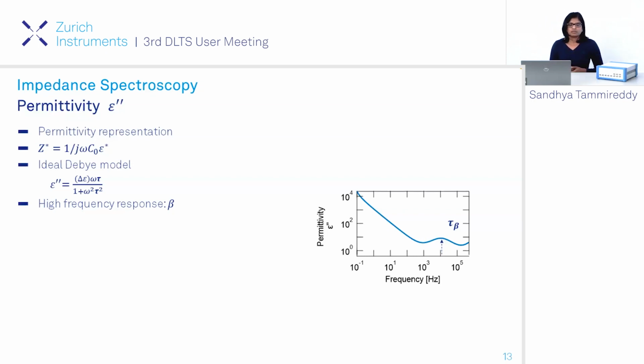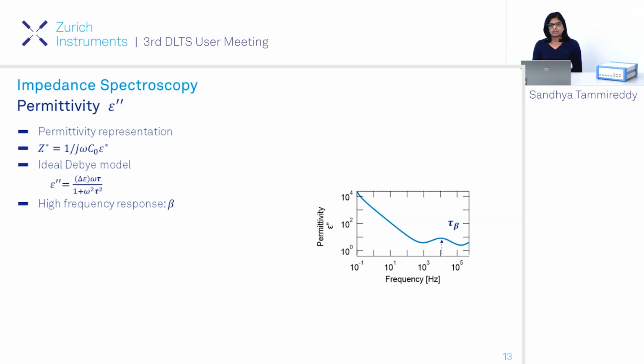Once you know your thickness and the active area of your device, you would be able to easily obtain the permittivity spectrum. In the ideal case, you normally use a Debye model, which allows you to obtain the timescales involved in this relaxation process. So typically, you would observe a certain peak in the imaginary part of the permittivity, similar to impedance.